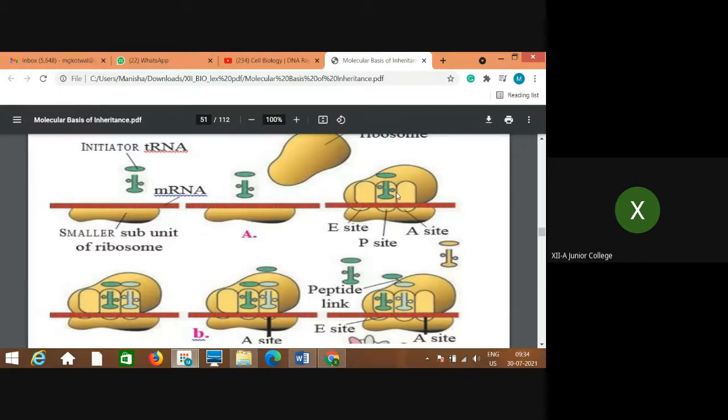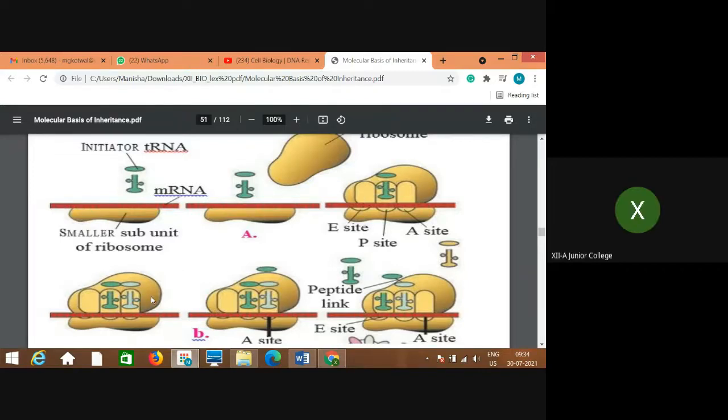And once this bond is formed, the role of the first, previous tRNA is over, so it will exit from the place. That is why this is called the E site. So there are three sites: P site, A site, and E site.